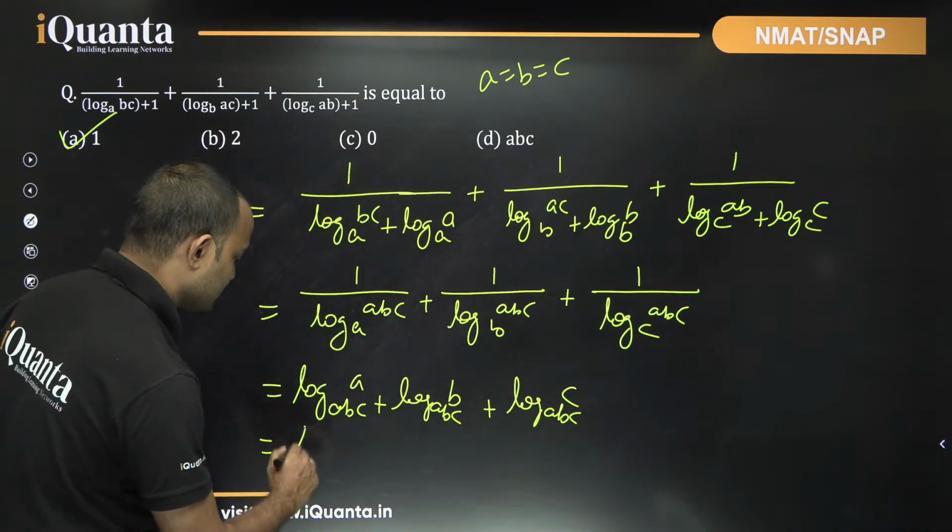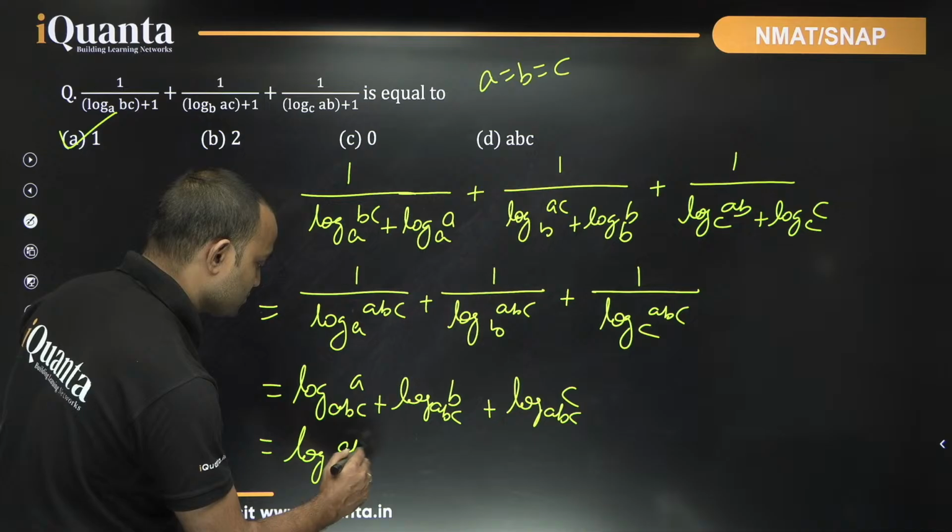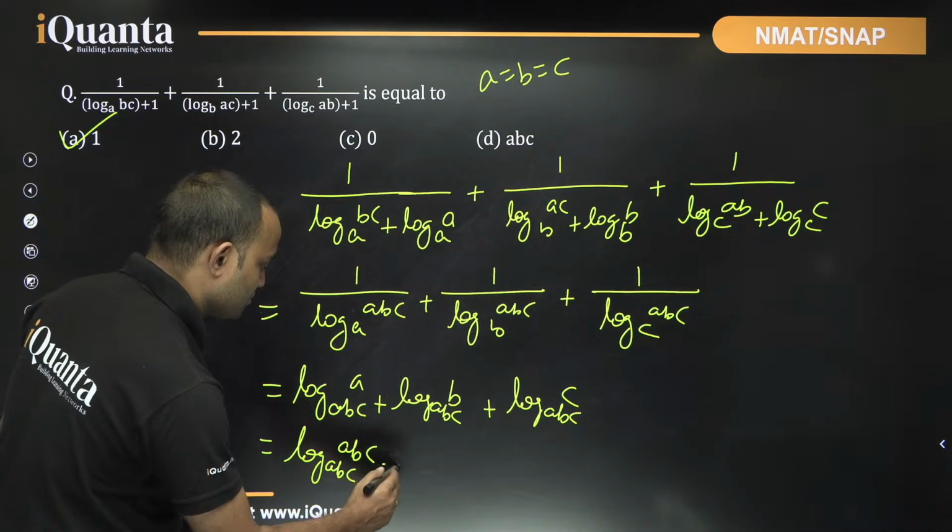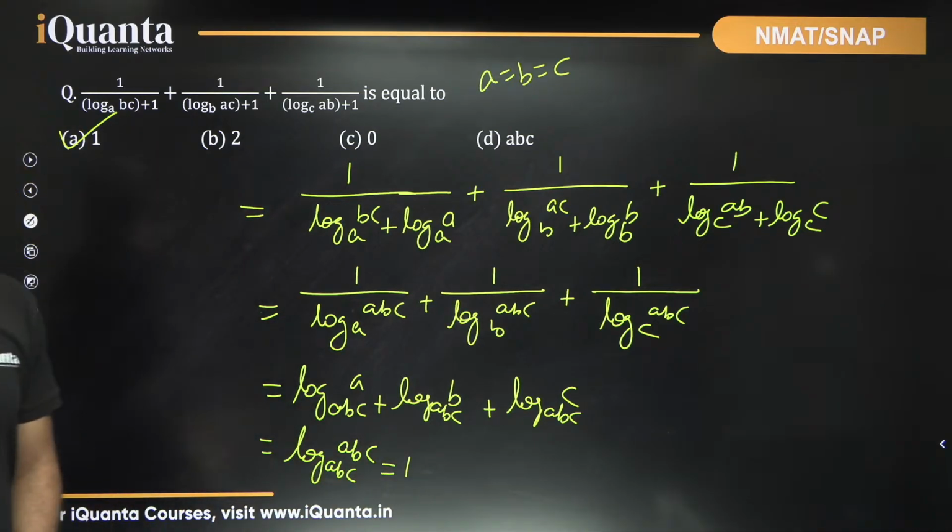So what do we get? We get log A into B into C, log ABC to the base ABC, which will be equal to 1, right? So this is how you solve it, but you don't always need to solve it this way. You can save time if you take all of them as equal values, all right.